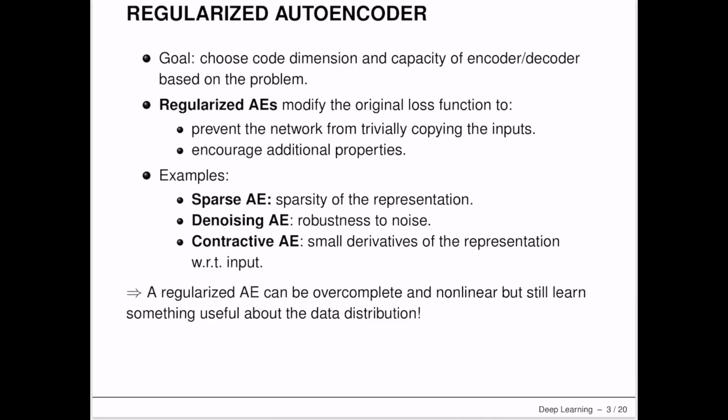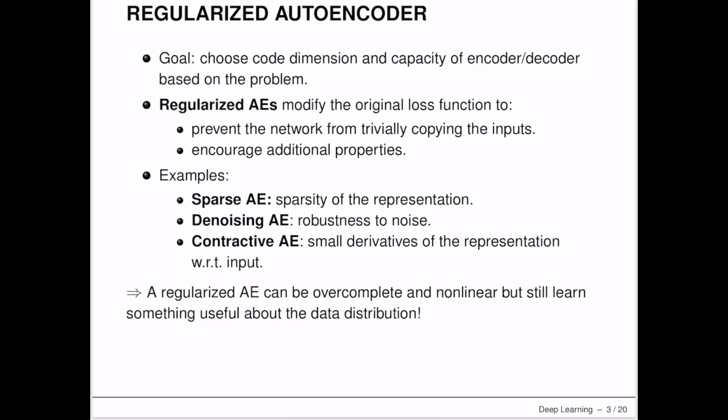So the question is: is there another possibility to train such an autoencoder with larger hidden dimension and still force the autoencoder to not learn just the identity mapping?